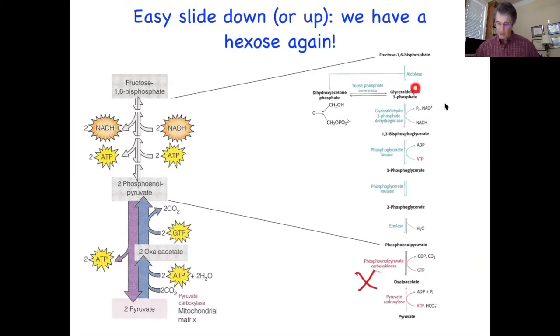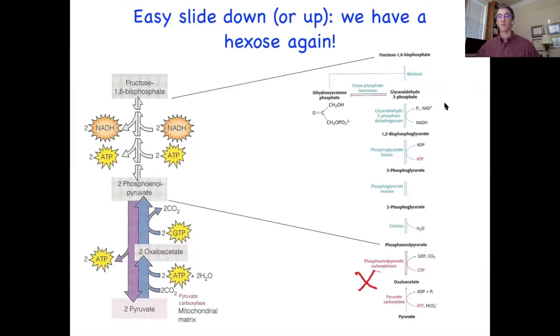To now create glyceraldehyde 3-phosphate, which can be equilibrated by TIM to DHAP. And now we just run aldolase in reverse, and we've crawled all the way back up to fructose 1,6-bisphosphate. So all the steps that you saw going forward, we've now done in the opposite direction and taken phosphoenolpyruvate and made fructose 1,6-bisphosphate. That's pretty cool.